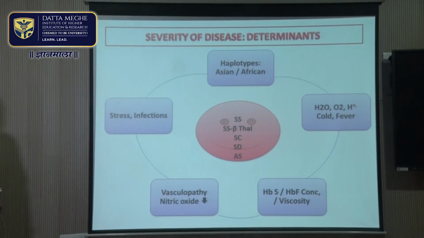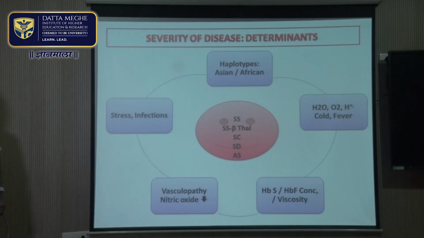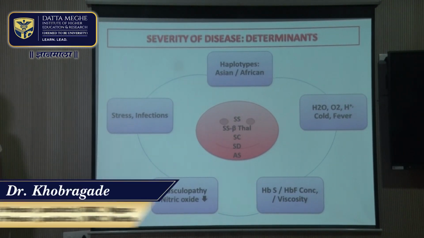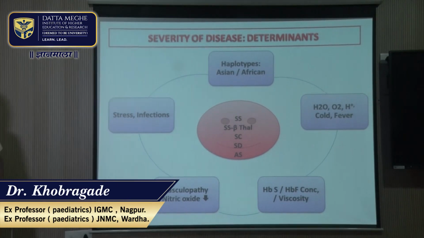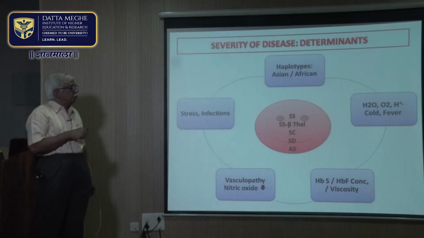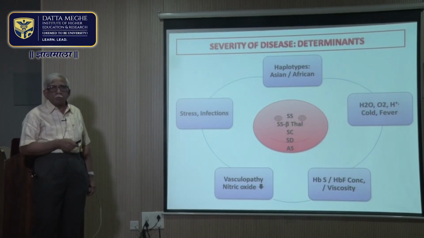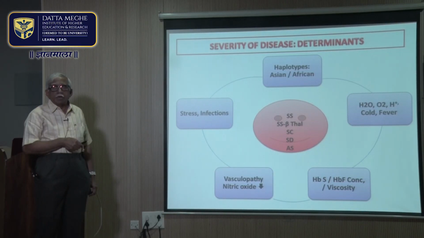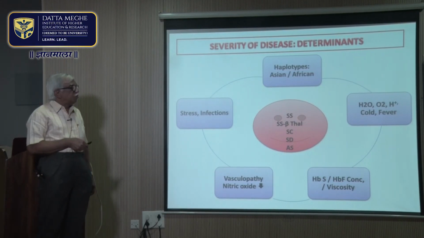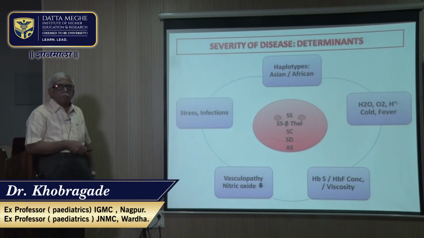Even a sickle cell trait person going to a hilly station develops a splenic crisis, because the oxygen tension at the hill station is very low, so they develop hypoxia as well as cold exposure, and together these precipitate a crisis, what is called a splenic crisis, even in febrile patients.